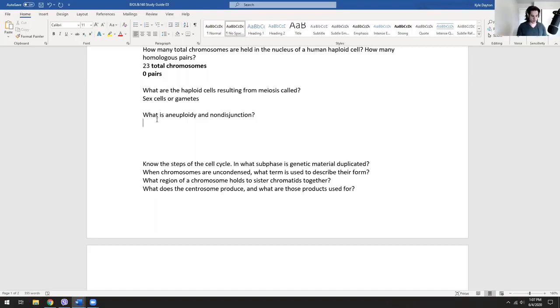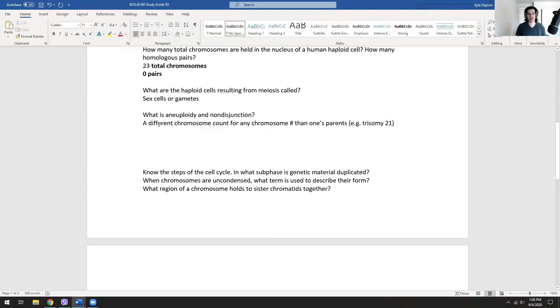Yeah, so aneuploidy would be a different chromosome count for any chromosome number than one's parents. So for example, trisomy 21. And so that's usually going to be the result of non-disjunction.